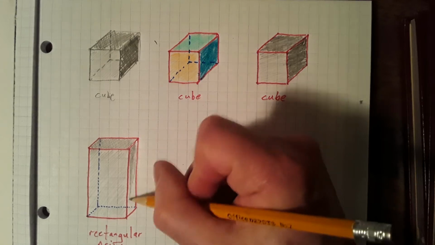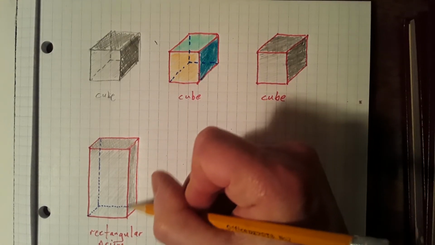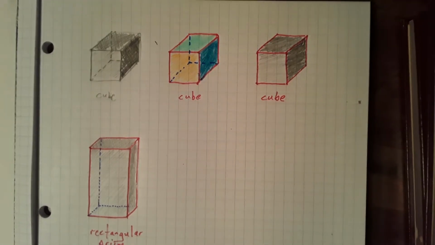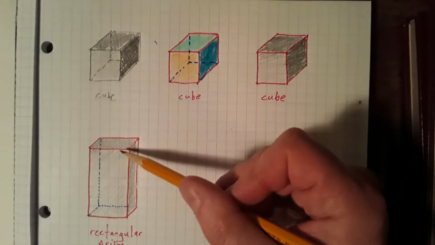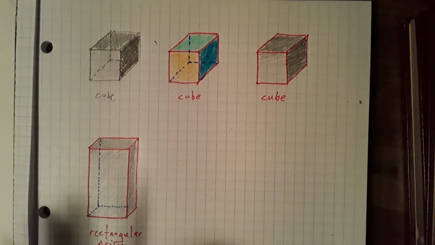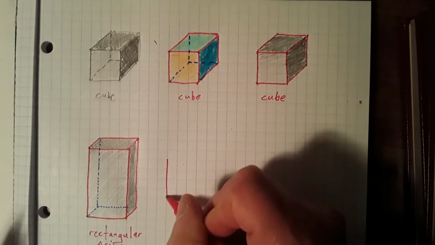So hopefully you're doing the same right now. And this rectangular prism looks pretty good right now. It had this really large front and back. Maybe it doesn't have those proportions. Here's a different one.